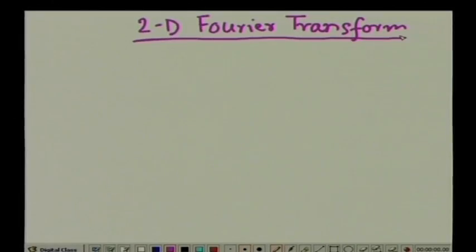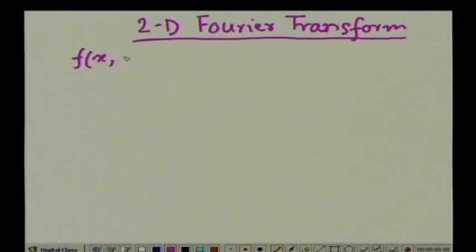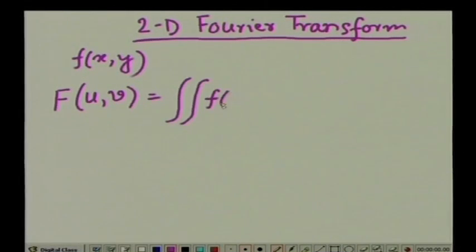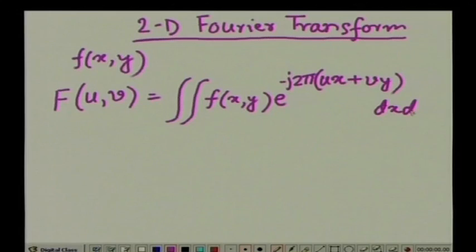The one dimensional Fourier transform that we have discussed just before can be easily extended to two dimensions. Now our function is a two dimensional function f(x,y), a function of two variables x and y, and the Fourier transform of this f(x,y) is given by F(u,v), which is equal to the double integral of f(x,y) e to the power minus j 2 pi (ux plus vy) dx dy, and both integrations are taken over the interval minus infinity to infinity.